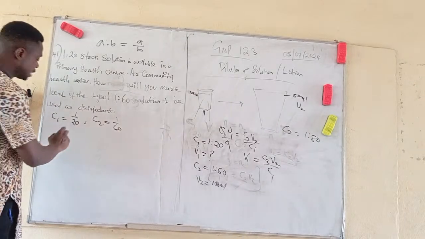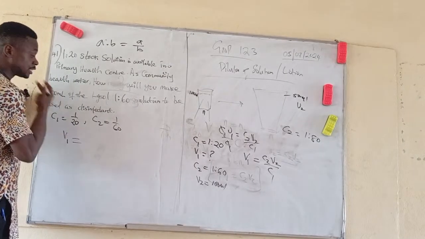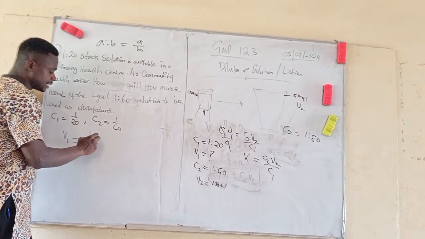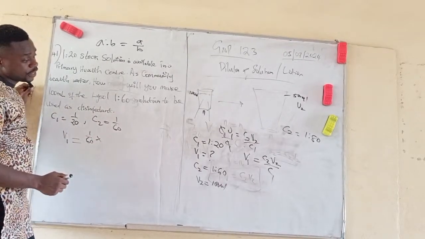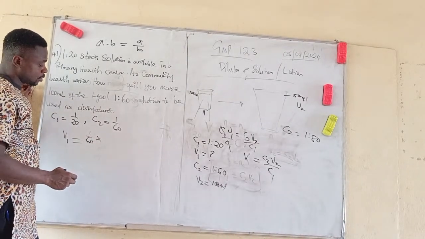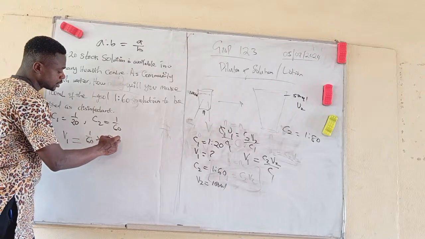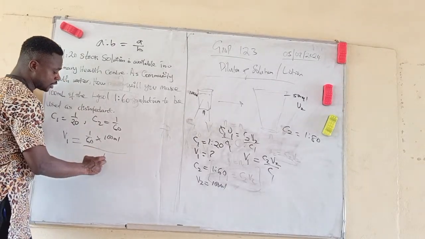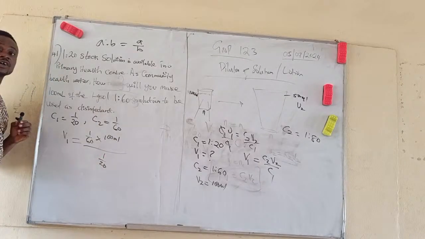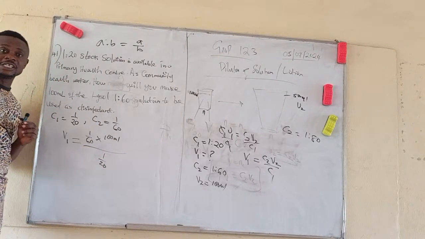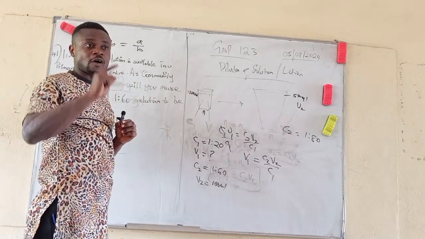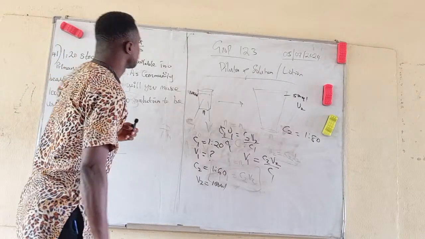Now let us substitute those values. V1 is equal to C2, which is 1 over 60, times V2, which is 100 ml, all over C1, which is 1 over 20. Remember your rules of division of fractions.